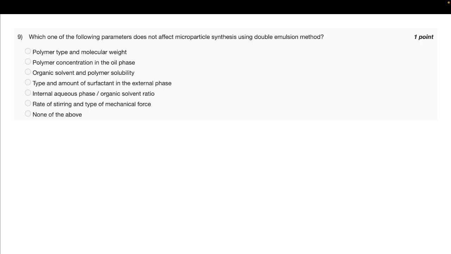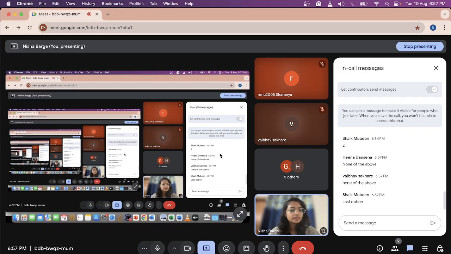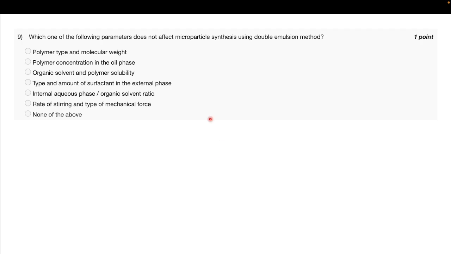Anybody? Okay, 3 people have answered the last option, which is none of the above. All of you are correct. That's the correct answer. All of these parameters actually affect the synthesis process when we are dealing with double emulsion method.